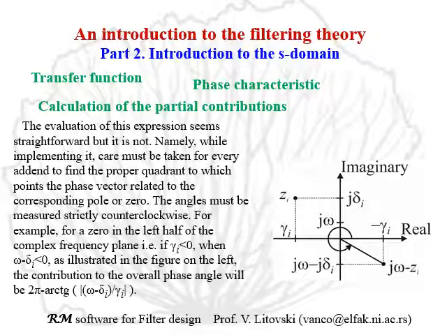When we want to calculate the phase at frequency omega, look to the imaginary axis, which is lower, below the imaginary part of the zero, delta i. So omega minus delta i is negative. Look down on the omega axis. The contribution to the overall phase angle will be, as you can see, 2 pi minus arctangent of the modulus of the ratio represented in the previous expression.